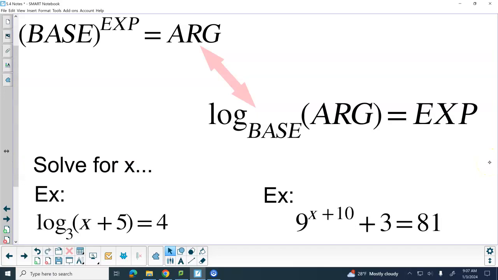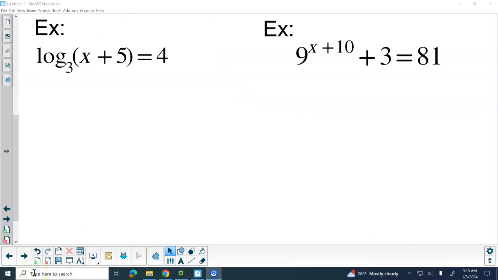With that being said, take a couple of minutes here and solve each of those for x. In the first one, my log is isolated, so I can then switch forms with it. 3 is my base, 4 is my exponent, x plus 5 is the argument.